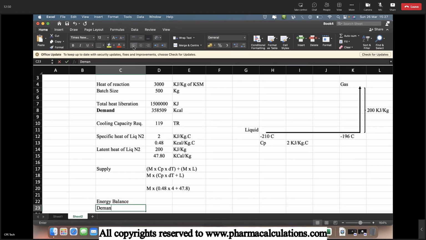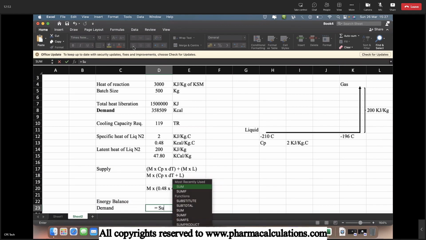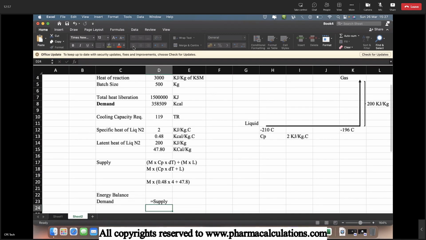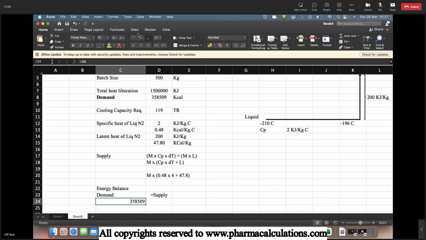As part of the energy balance, let's equate demand and supply. Here the demand is almost 3,58,509 kilocalorie, and the supply is m times (Cp into 4 plus 47.8).